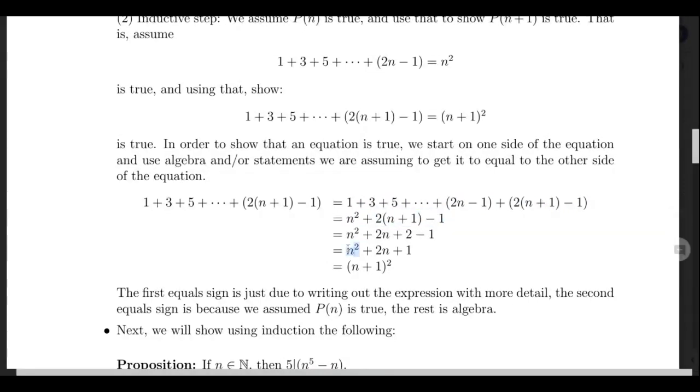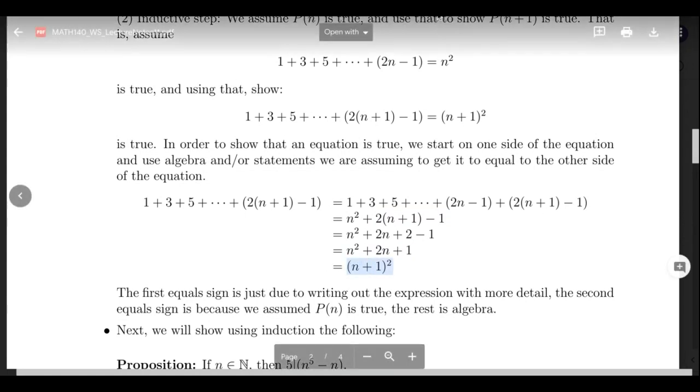We simplify, and we get n squared plus 2n plus 1, which is (n plus 1) squared. Does this make sense?